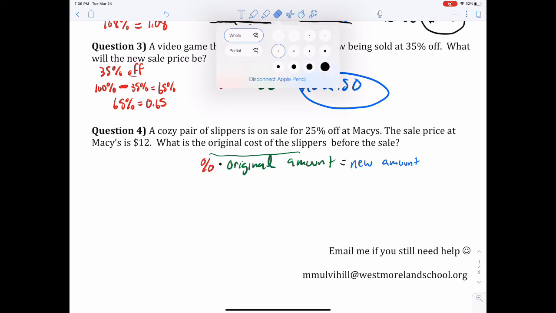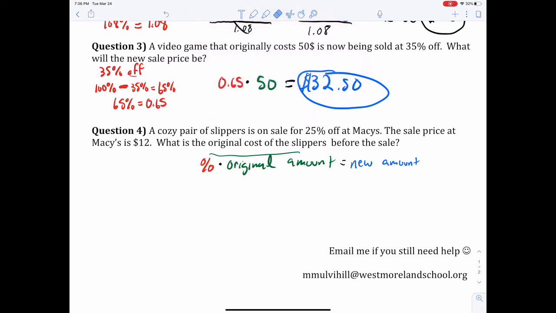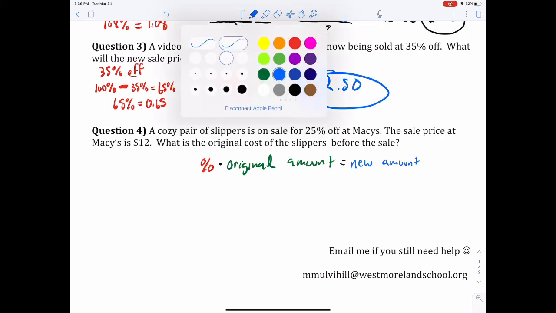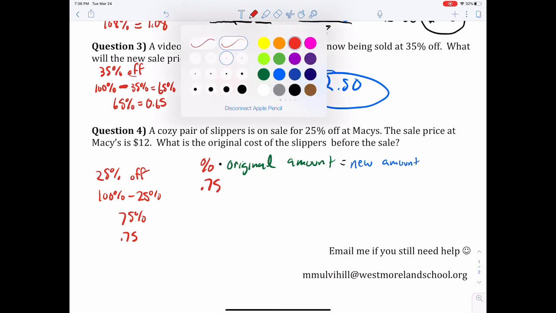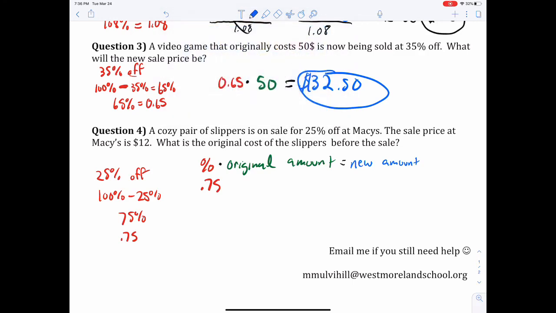All right, so this question here, the percent is 25% off, so 25% off will mean that it's really just 75%, which is 0.75. So we'll plug in 0.75 there. We're going to multiply it by the original amount, but we don't know what the original amount is.